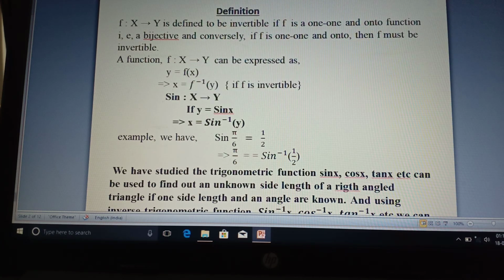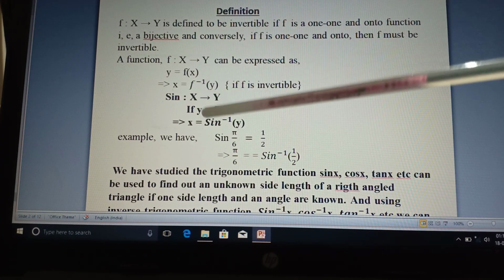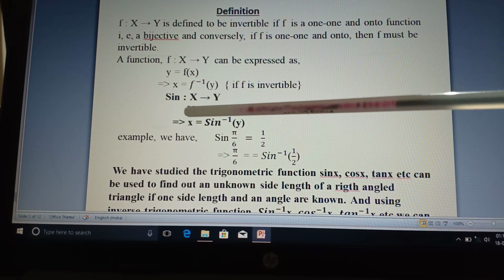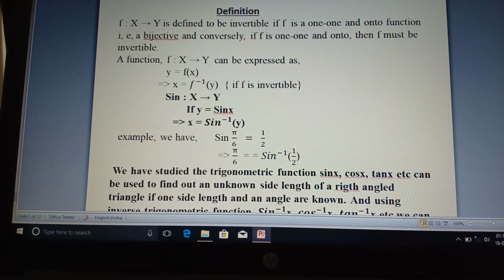Here X is the domain of sine and Y is the range of sine. In case of sine inverse, Y is the domain and X is the range of the inverse trigonometric function sine inverse.